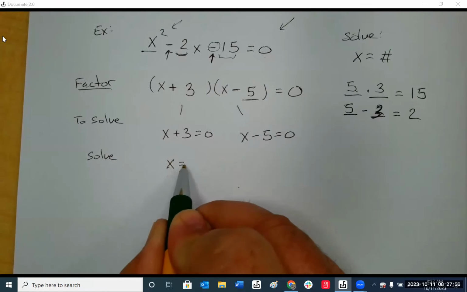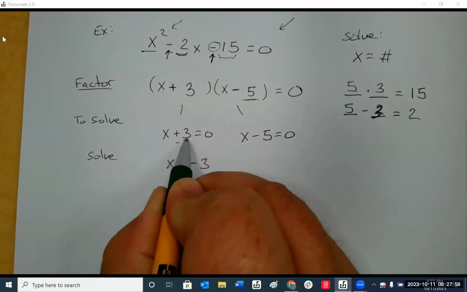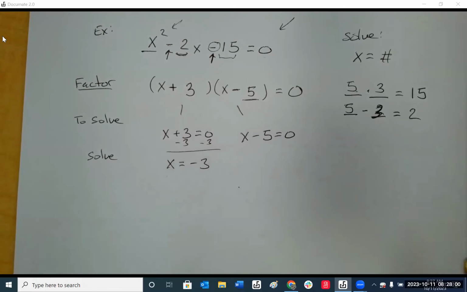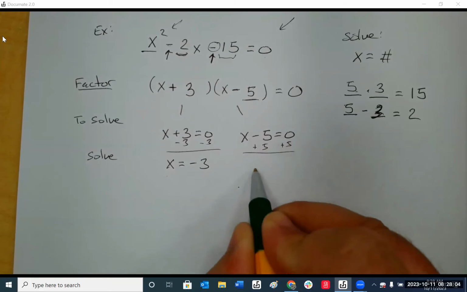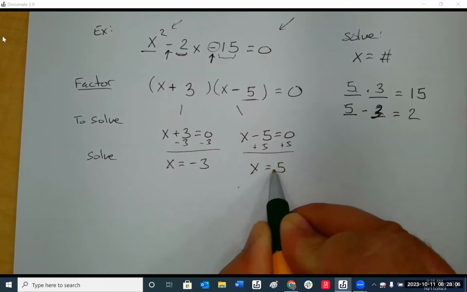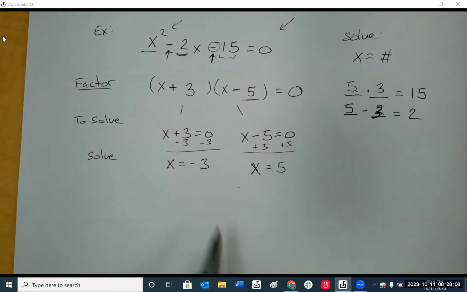So x is equal to -3, because we subtract 3 from both sides. And we add 5 to both sides, so x is equal to 5. Those are my solutions.